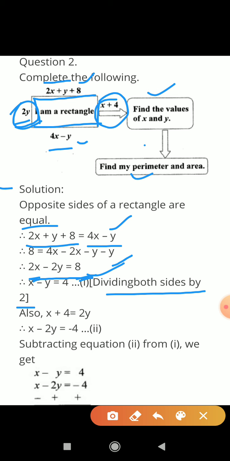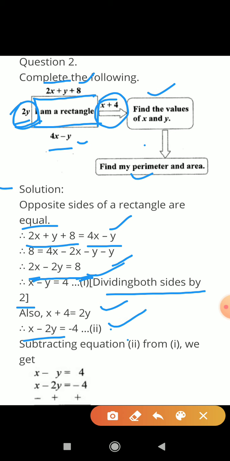So x plus 4 is equal to 2y. So x minus 2y, transferring 2y to the left side, is equal to 4 transferred to the right side, which becomes minus 4. So x minus 2y is equal to minus 4. So this is our equation number 2.